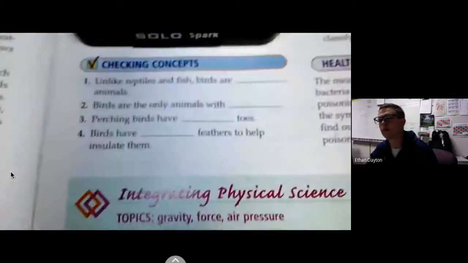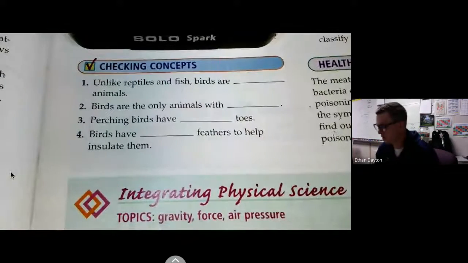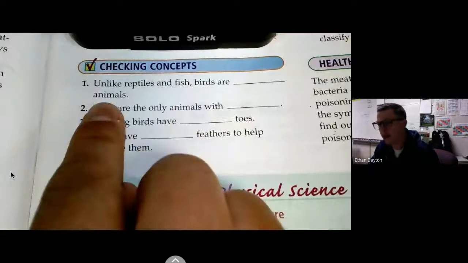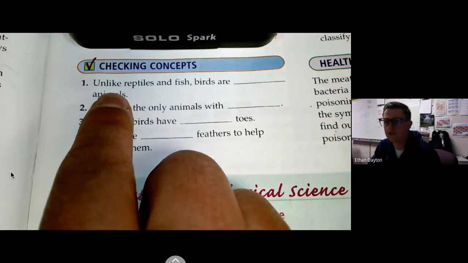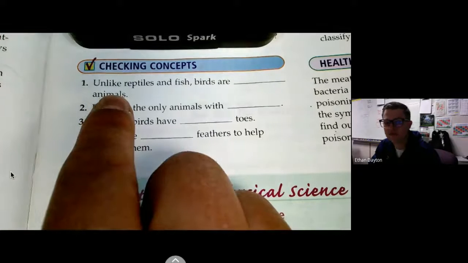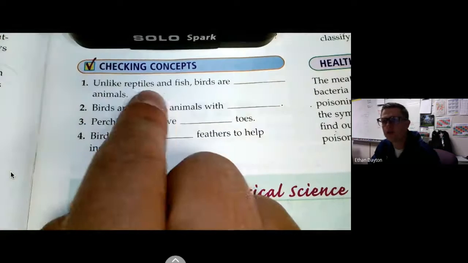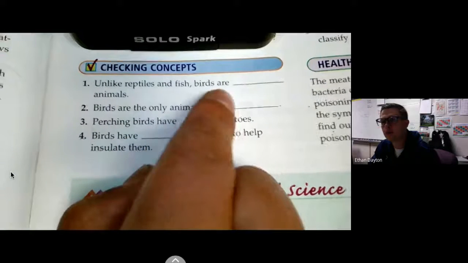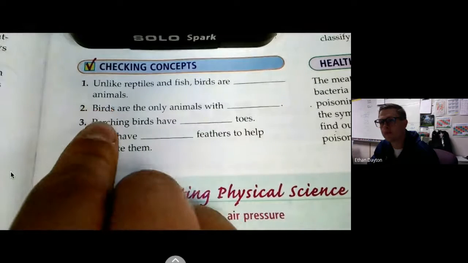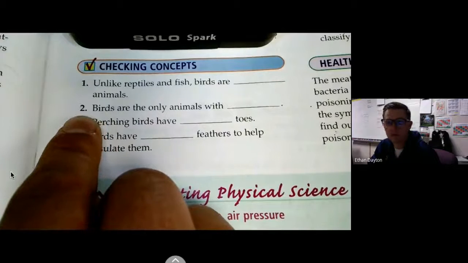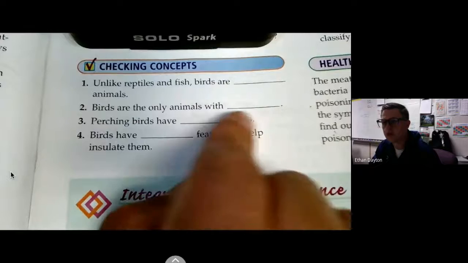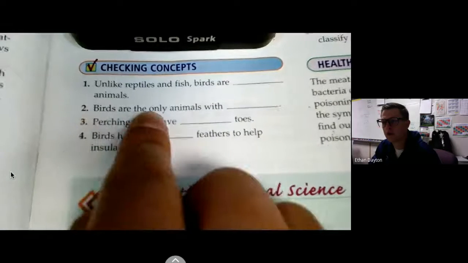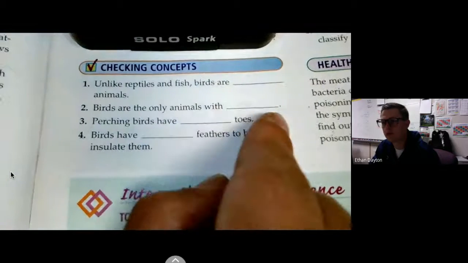Checking concepts. Number 1, unlike reptiles and fish, birds are blank animals. Remember, you are writing these in complete sentences in your science notebook. Number 2, birds are the only animals with blank.